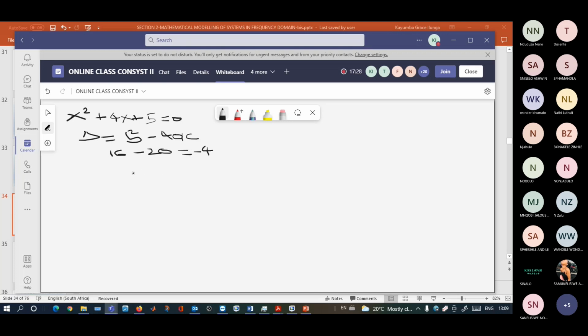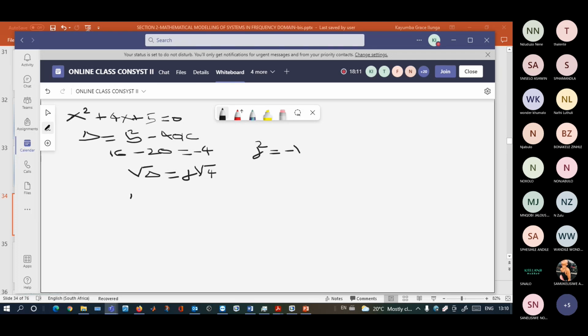We all know that in real numbers there is no square root of a negative number. So we need to find the square root of delta, the square root of minus 4. This leads us to convert it into a complex number, which is j square root of 4, where j square is equal to minus 1. Guys, can you remember this?